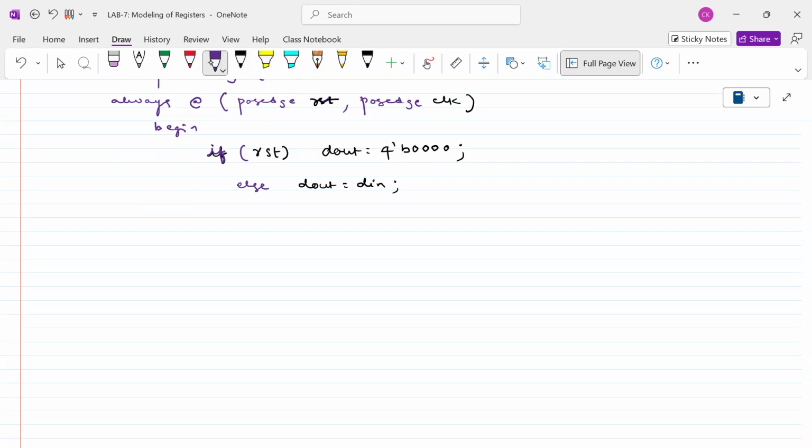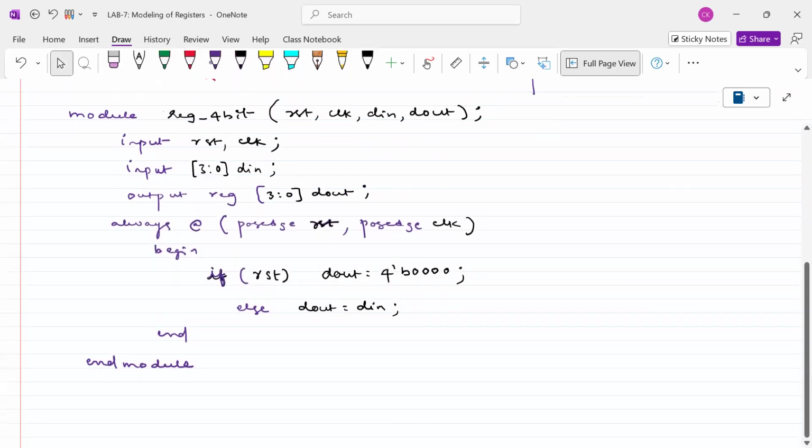Okay. Let me write this as endmodule. If this point is clear to everyone, right? It is just like a D flip flop. For example, I want to modify a small thing here.